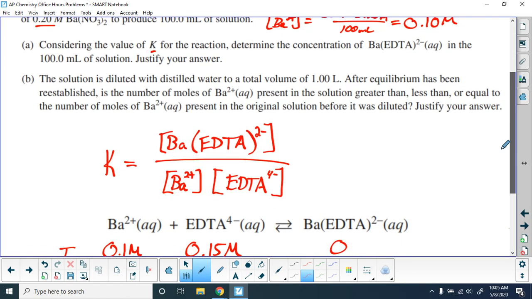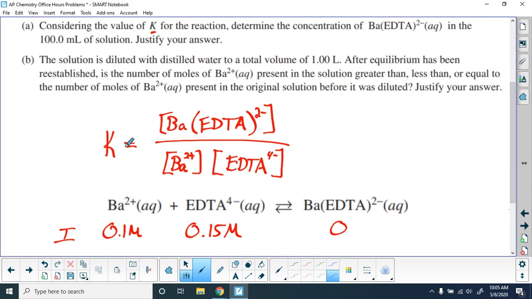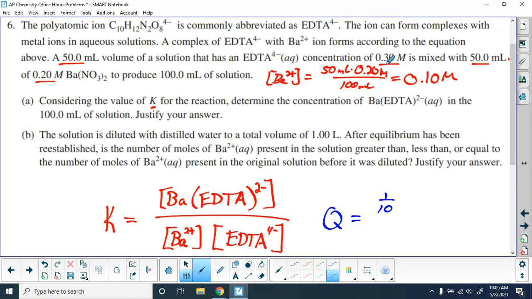This is a great way to evaluate any dilution problems. If you dilute something, K used to equal Q. So let's take a look at what happens to my Q value if I dilute it. Well, my initial concentration at equilibrium is going to be cut to 1/10. I go from 100 milliliters to 1 liter, and so that's going to give me 1/10 of the concentration, with the same reasoning for why if we go from 50 milliliters to 100, we get 1/2.